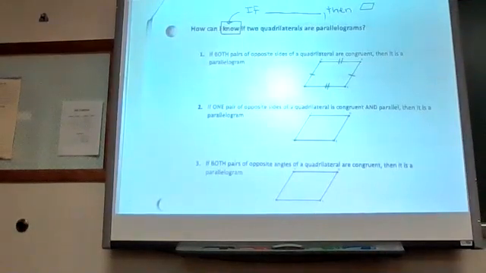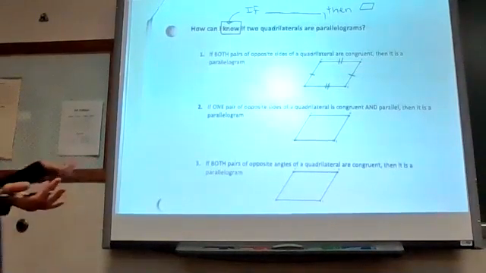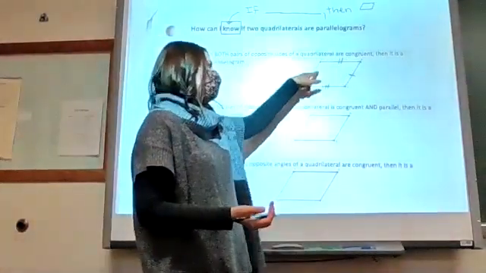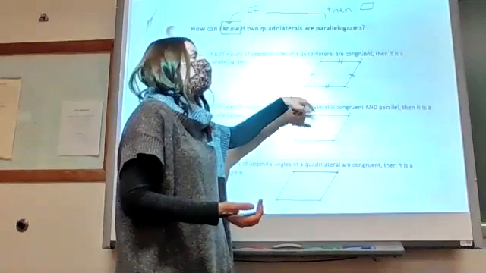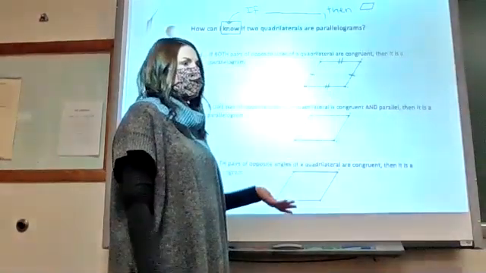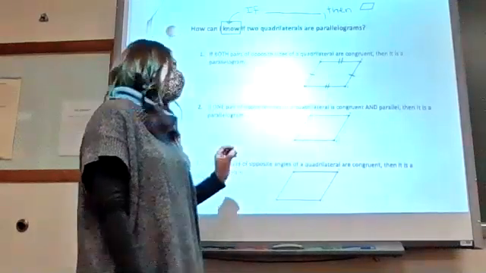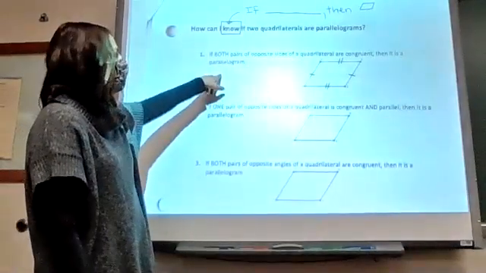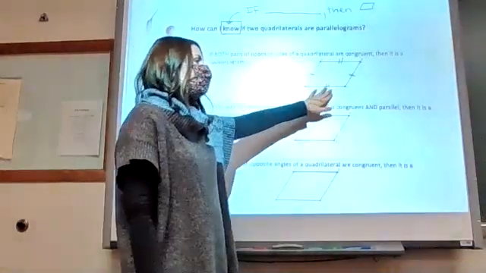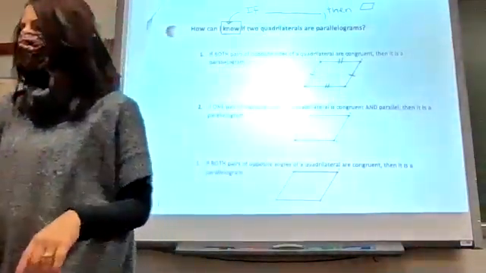And that's why we care about saying this, because, okay, it's a parallelogram, that means opposite angles are congruent, adjacent angles are supplementary, the diagonals will bisect each other. I'll know all of these other things about the shape. So one way to know it's a parallelogram is if the only thing I'm told is that opposite sides are congruent, that's enough to say it's a parallelogram.